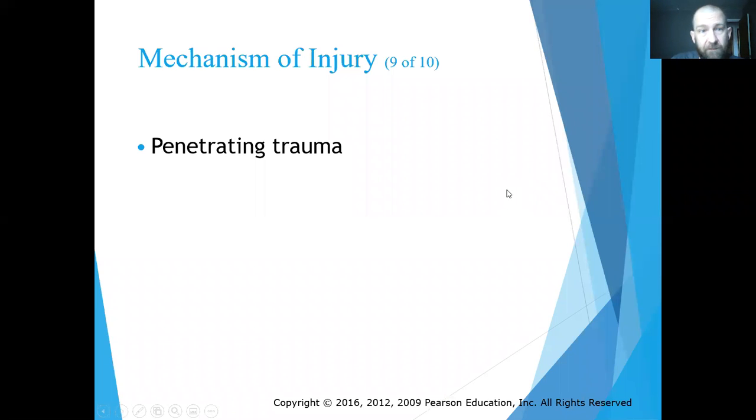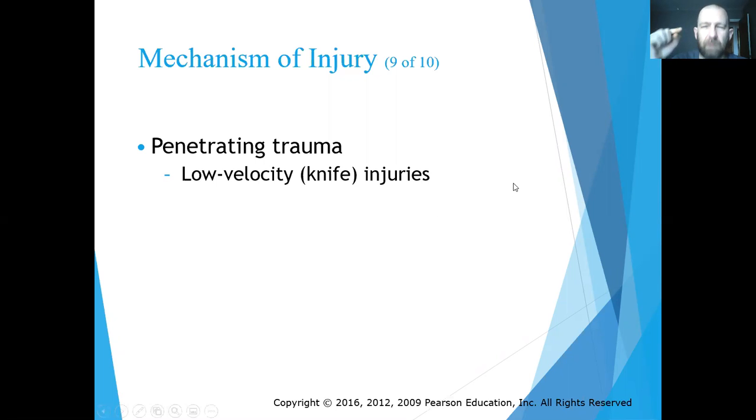All right, so as far as classifying those, we have low velocity injuries. This is going to be your stabbings, so knife injuries, that kind of thing. With these, the injuries are going to be directly along the path where that blade passed into the body. We're not going to have injuries elsewhere.